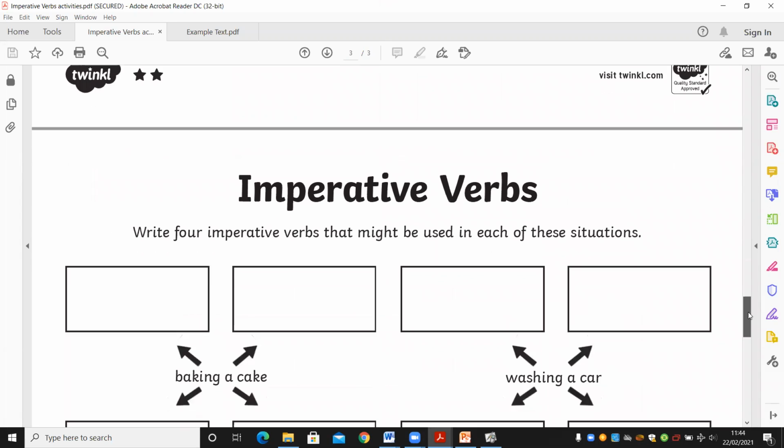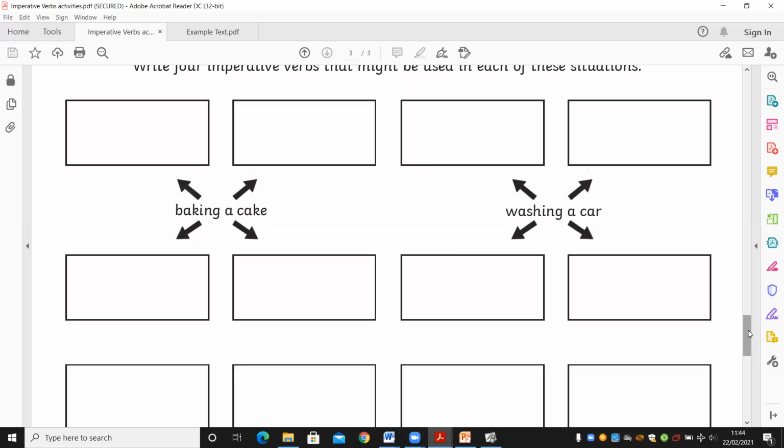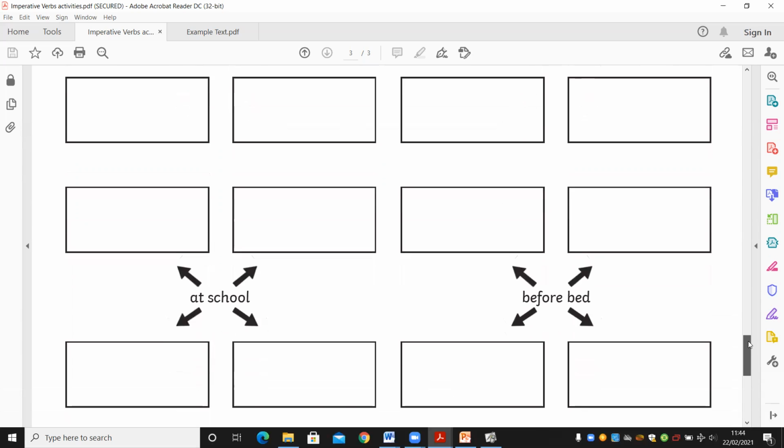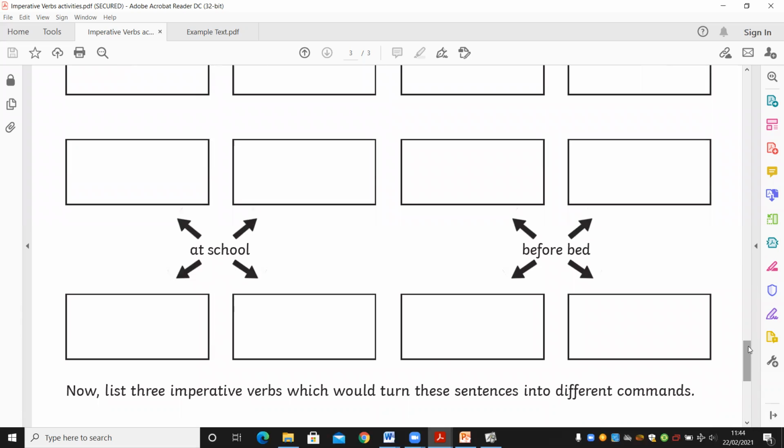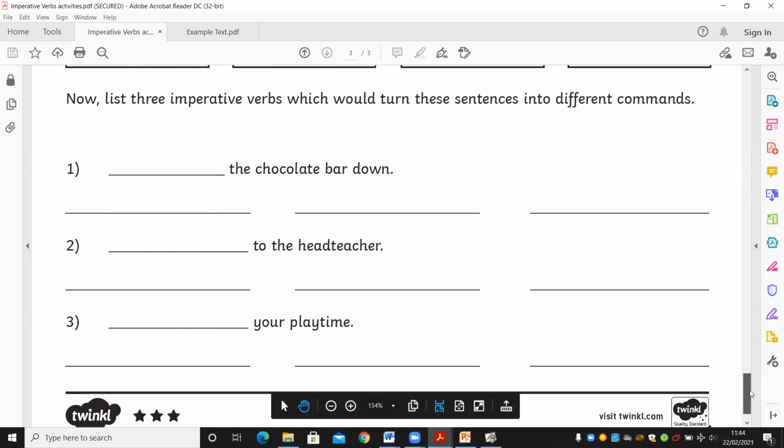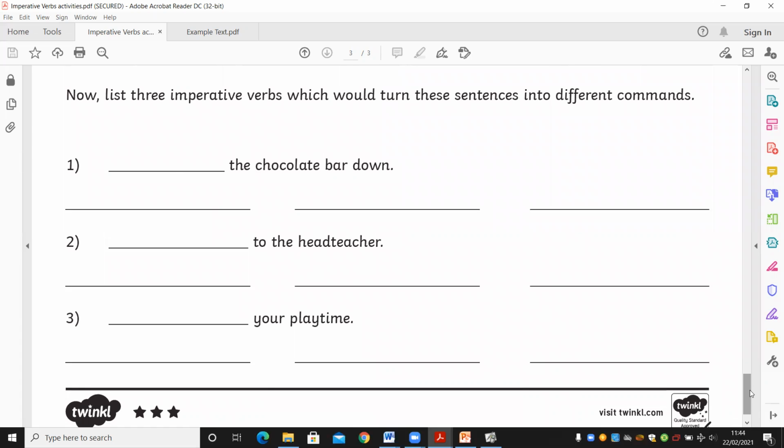The most challenging task gives you 4 different scenarios, and you have to think of 4 different imperative verbs that could be used in all those 4 scenarios. And finally, you need to think of 3 imperative verbs that you could use to turn these sentences into commands.